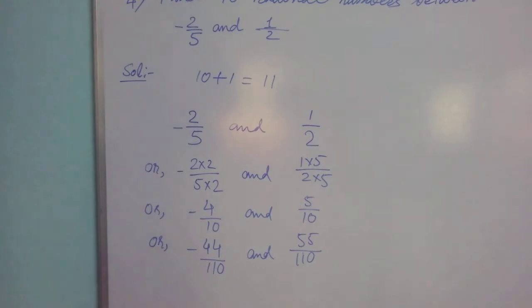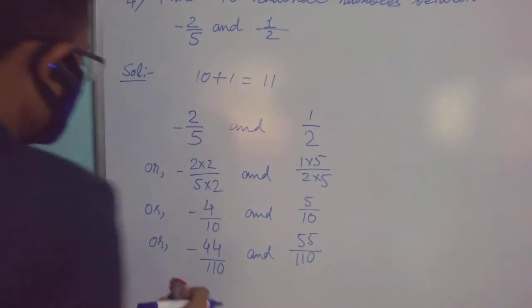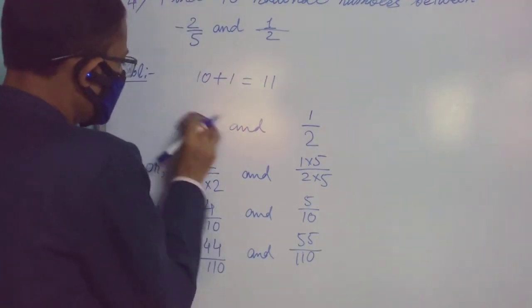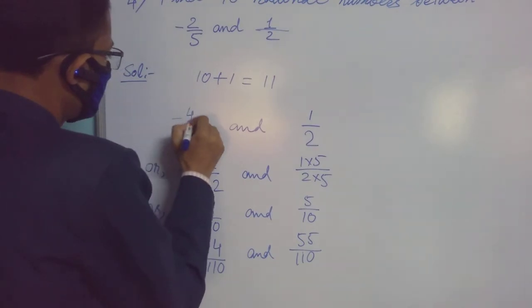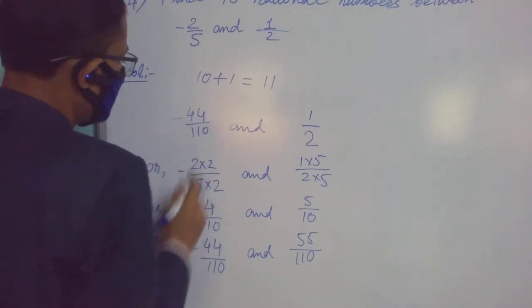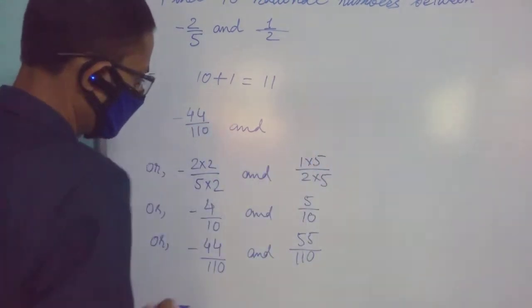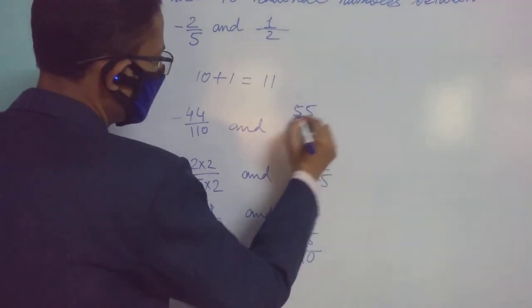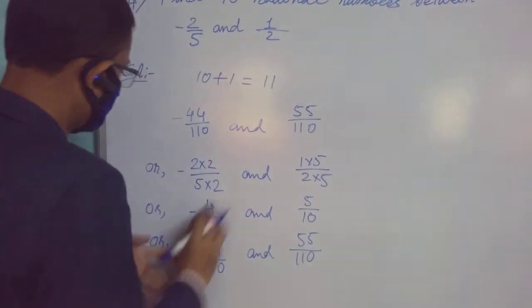Alright, so we have now minus 44 by 110 and 55 by 110.